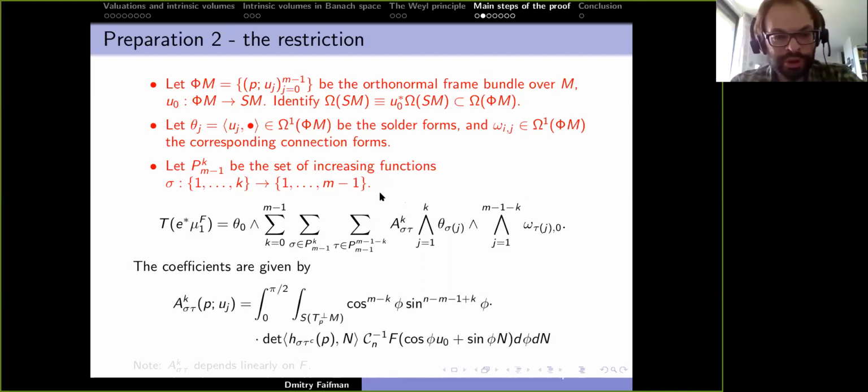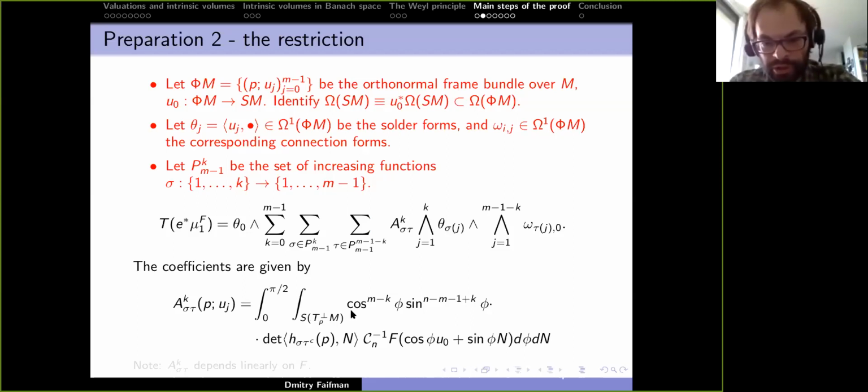You follow the restriction, you get some integral formulas for those coefficients. And it's not clear whether it's intrinsic or not. Of course, we introduce some auxiliary Euclidean structure, which sits here and also here, and we need to check if it cancels out or not. So something big and scary. We need to understand if it's intrinsic. One thing to note is, maybe I will just read what's written here. There is an integral over the sphere in the normal bundle, another integral over an angle.